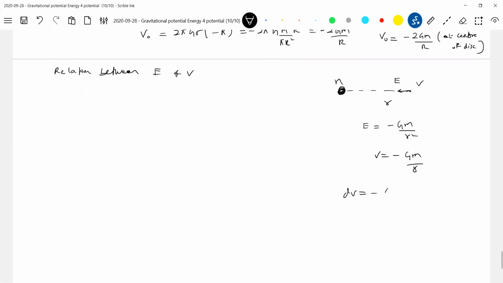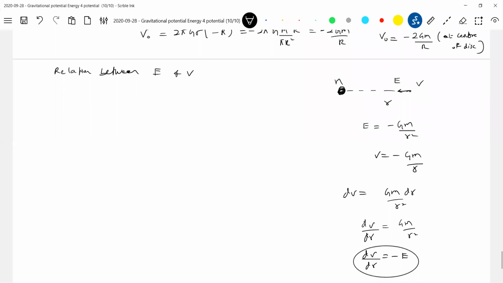Minus GM by r square into dr. So what is dV by dr? dV by dr is equal to GM by r square. So finally, dV by dr, what you can write? Minus E. So there is a relationship between the field strength and the potential.